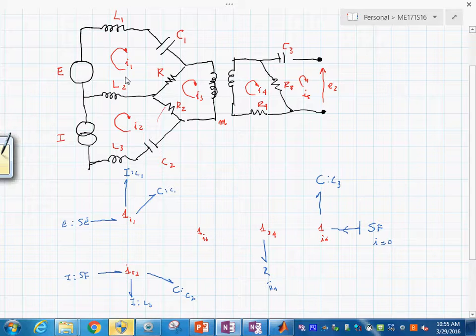This element over here sees the difference between this and this one. So you say I1 minus I sub 2 is done like this.